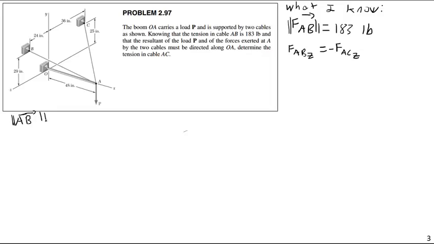The magnitude of line AB is a distance formula: the square root of 48 squared plus 24 squared plus 29 squared. And that is exactly 61 inches.